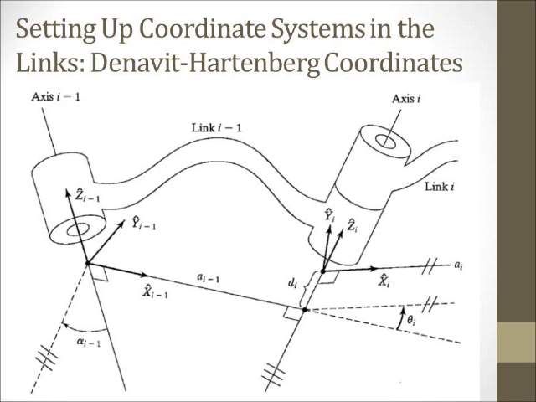The offset di is indicated in the figure. The link offset di is variable if joint i is prismatic. The second parameter of interconnection is the angle made between the extension of a i-1 and a i, measured about the axis of joint i. This is indicated in the figure, where the lines with the double hash marks are parallel. The parameter is named theta i and is variable for a revolute joint.